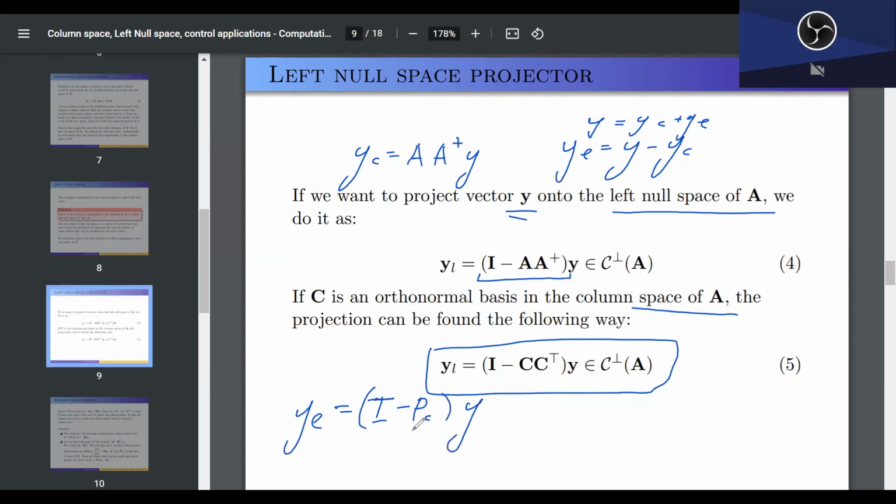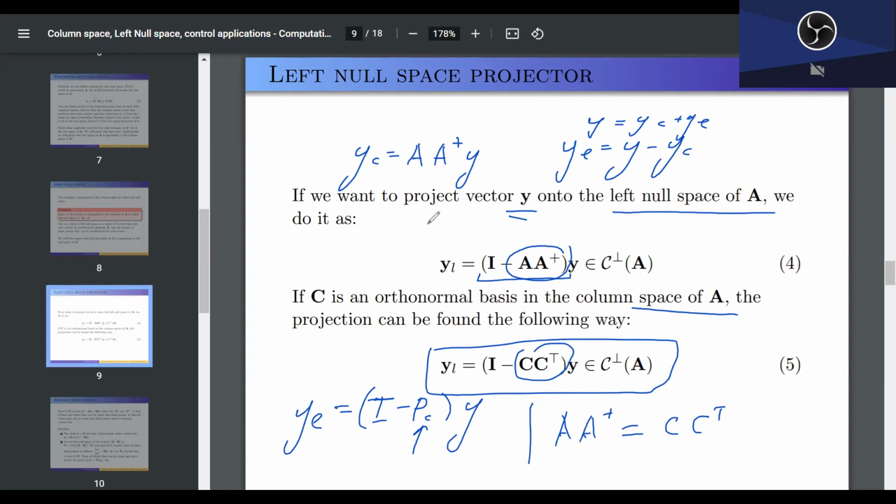And how this projector is formulated doesn't matter. It can be formulated this way, can be formulated this way. Both are projectors onto the column space. And today we will also prove that this is equivalent to this. We'll actually prove that those two projectors are exactly equivalent. So both ways are just a projector.